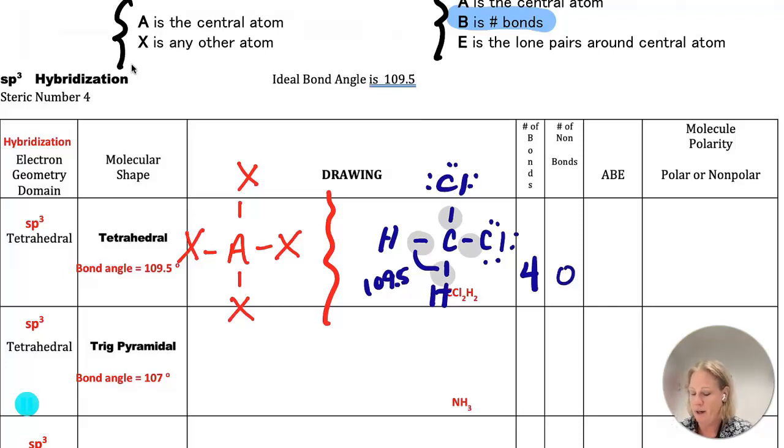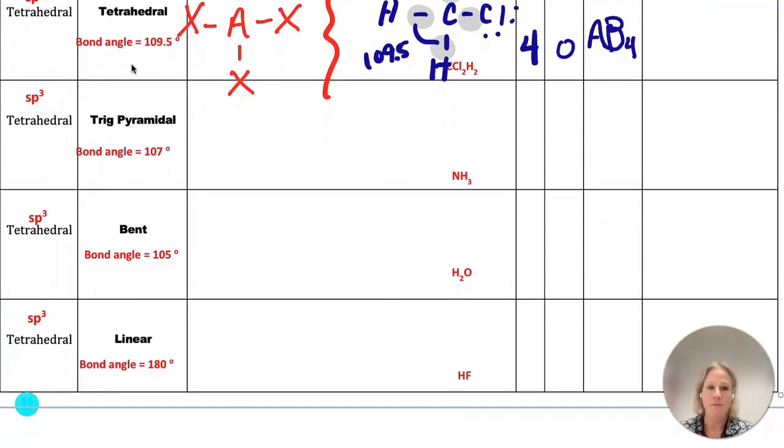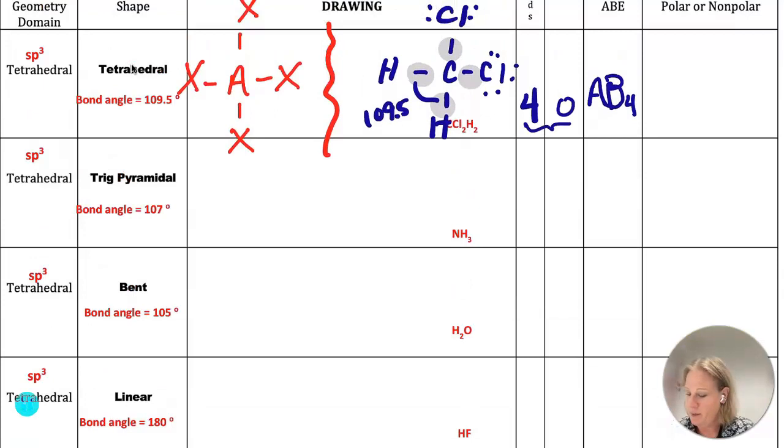There's no lone pair. I'll show you what a lone pair looks like soon. And then we use this ABE notation. A is for the central atom, B is for the bonds, and there's 4 of them. I don't write the E; we're going to leave that last column until later. And by the way, this is sp3 hybridization. Notice it adds up to 4.